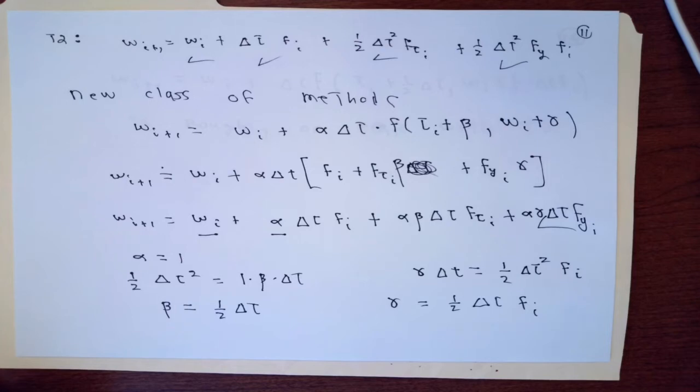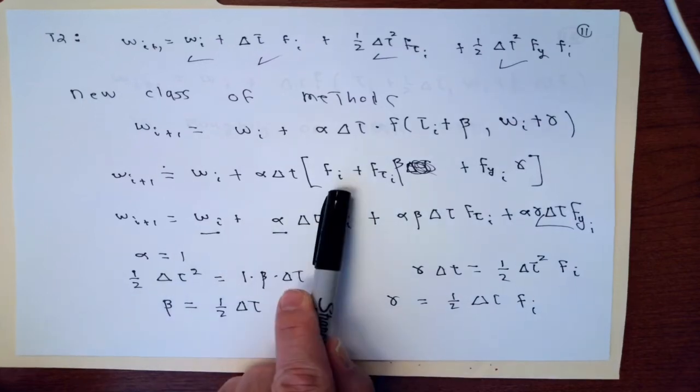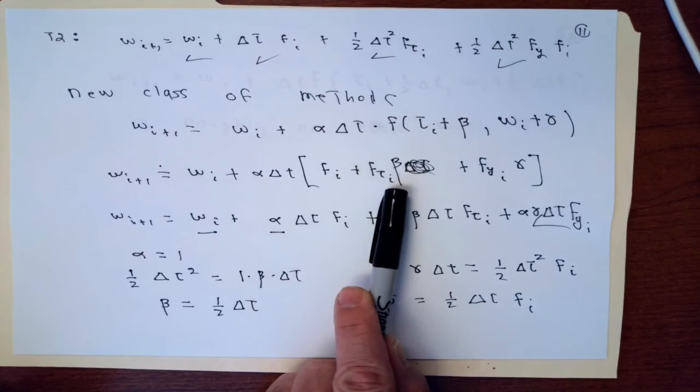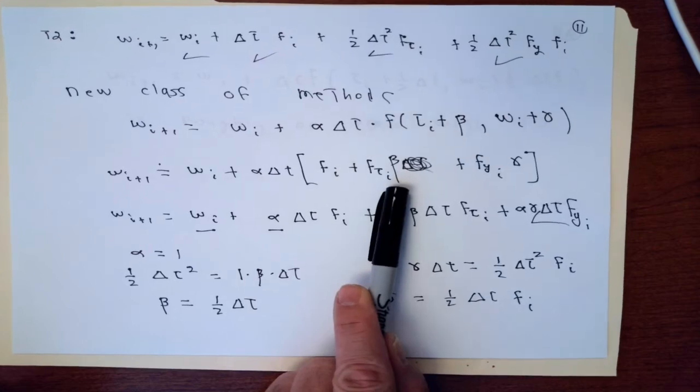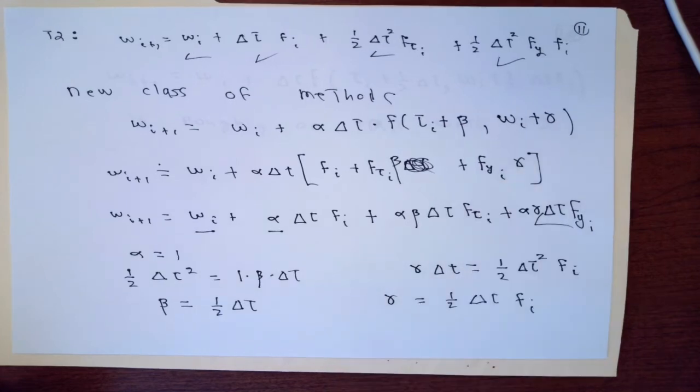You get w_{i+1} is approximately w_i plus alpha delta t times f_i plus f sub t at t_i times beta plus f sub y at time t_i times gamma. If you multiply all of those quantities out, you get the last line involving the w's.